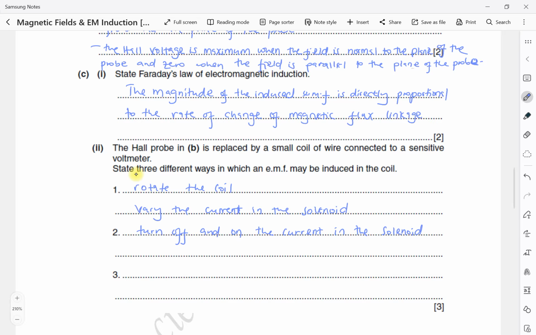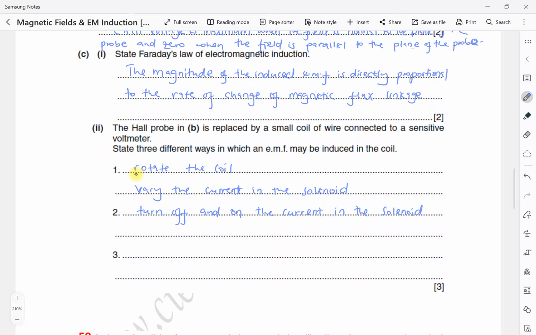Of course, when the current is turned on or off, there's a change in magnetic flux, which causes a change in magnetic flux linkage. Alternatively, we can also move the coil towards or away from the solenoid.